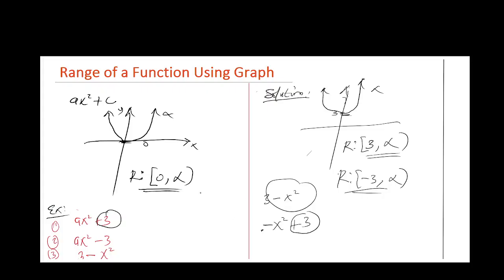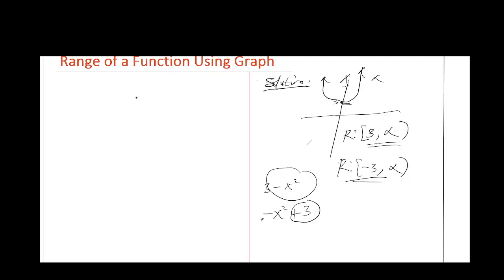So let's sketch the graph. Because the graph opens downward, but we have positive 3, which is 3 units upward on the y-axis, our y-intercept is 3 and the graph is negative, so we are going to have that the parabola is of this form.